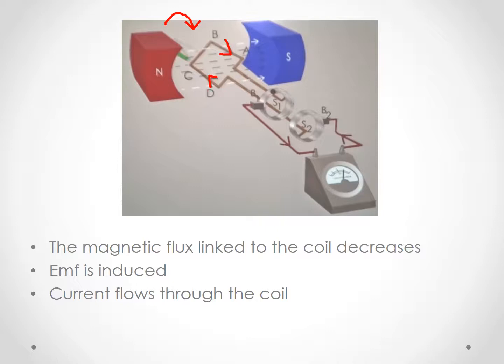This can be determined by using Fleming's right-hand rule, where the thumb is the motion, the index finger is the direction of field lines, and the ring and middle finger are the direction of current. So by using that, and also with the presence of slip rings in the generator, the current now flows in the opposite direction into the galvanometer.